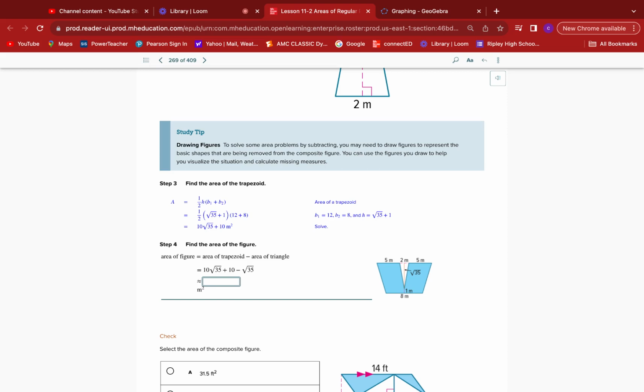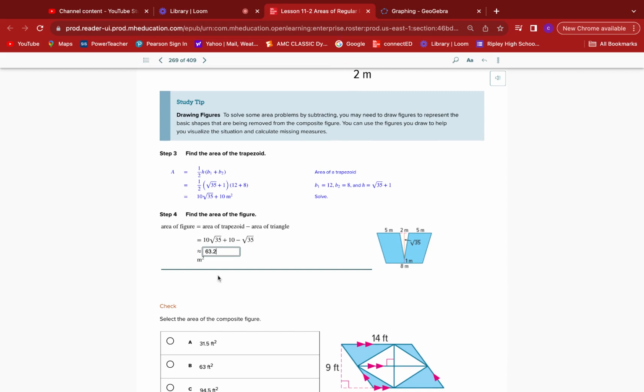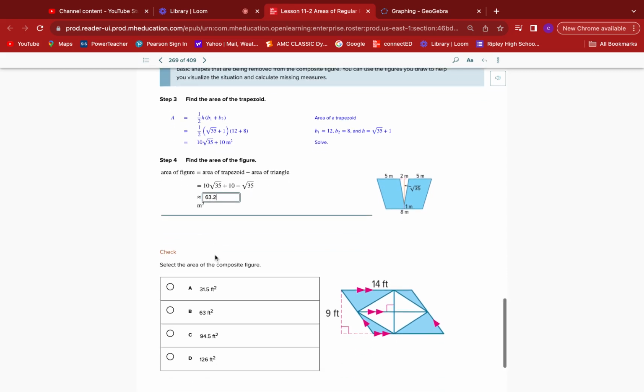Hit enter. And it's going to be approximately 63 point. Now the 4 does not make the 2 round, so it's going to be 63.2 squared meters. But again, I like the 9 square root of 35 plus 10. Same answer, and it leaves it as a radical.